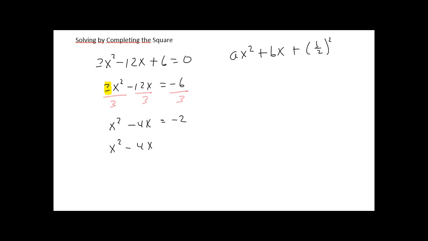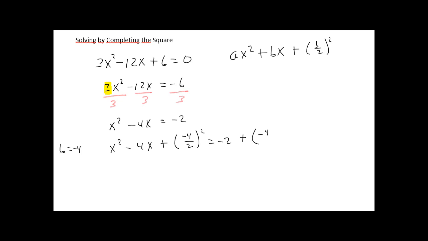Now we're going to complete the square. x squared minus 4x plus b. What is the value of b? The value of b is going to be equal to negative 4. Then negative 4 divided by 2, to the second power. But you see, I am adding something on the left. That means I need to add exactly the same thing on the right.